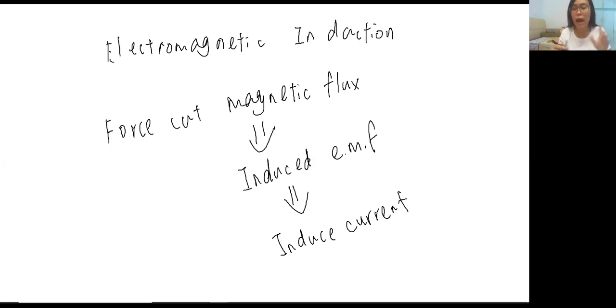Then after that, we will look into electromagnetic induction in a solenoid. Since it is a solenoid, we will use a law to identify the direction of the current.